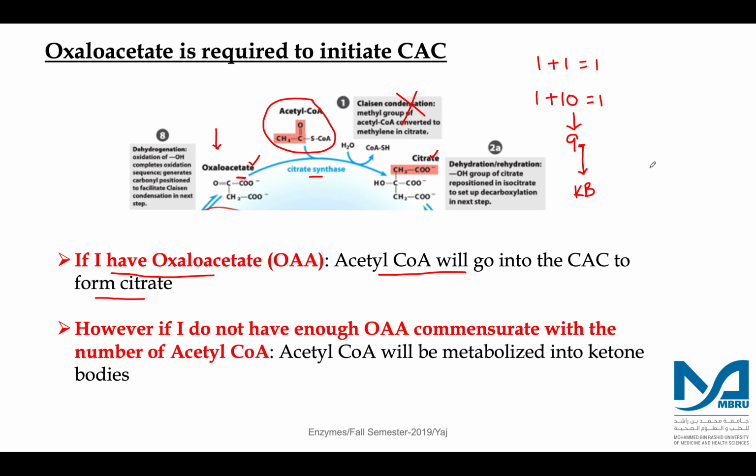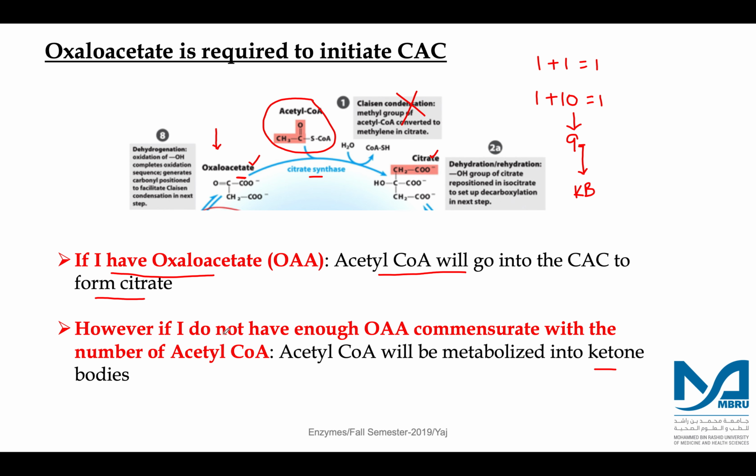So part of the acetyl coenzyme A will be converted to citrate, but the other remaining part will be converted to ketone bodies, and this we will look at later when we study fatty acid metabolism.